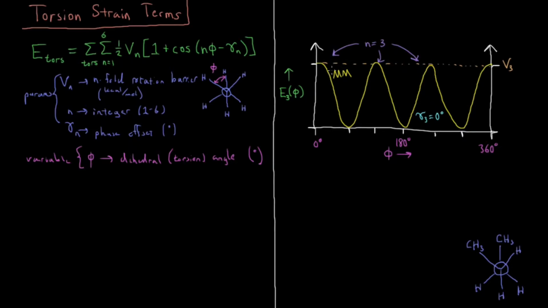Okay, so we have plotted over here on the right what that example would look like for a typical example in, let's say, ethane. So ethane is a molecule where you can have a torsion. If we look at a Newman projection, where the dot in the center here is the closest carbon atom, and then the circle on the outside is the further carbon atom. So you have HCCH for all of these torsions.